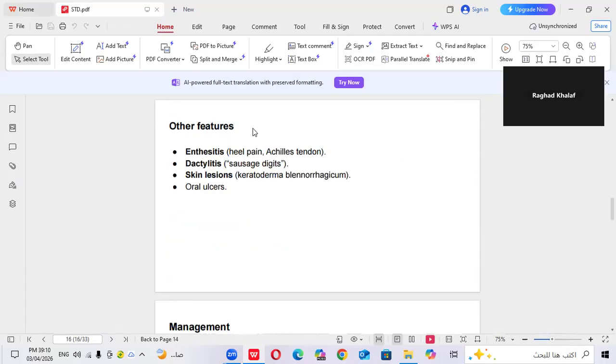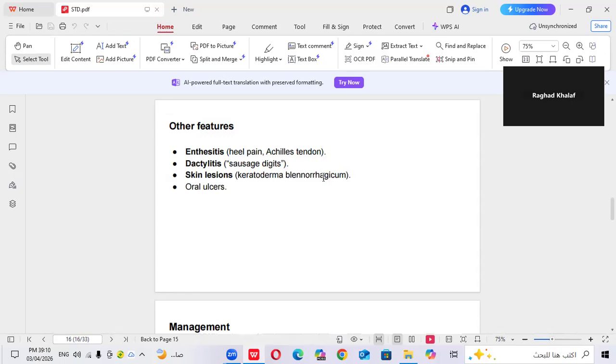Other features of this complication include enthesitis, which means heel pain or Achilles tendon pain. Dactylitis, manifested as sausage digits. It's when your digits are swollen and they resemble the shape of a sausage. Skin lesions, something called keratoderma blennorrhagicum or something like this.